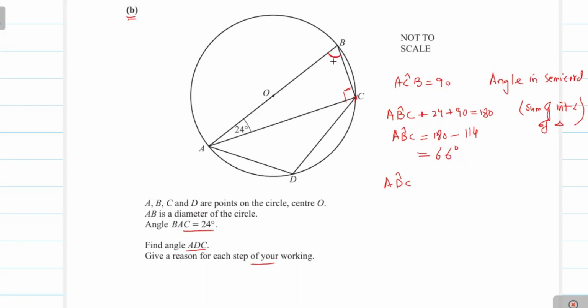In a cyclic quadrilateral, the sum of diagonally opposite angles equals 180. We write here ADC plus 66 degrees equals 180. We write here: the opposite angles in a cyclic quadrilateral are supplementary.